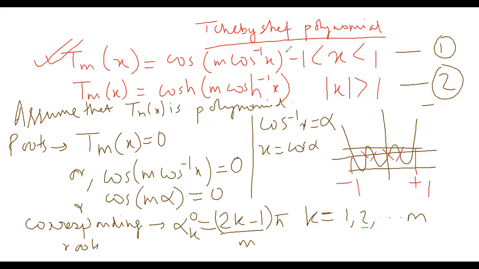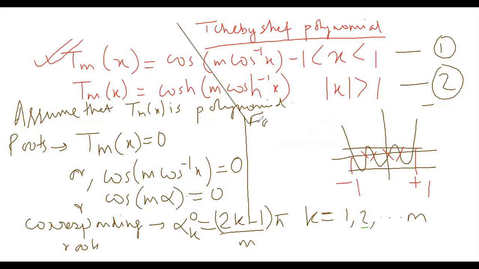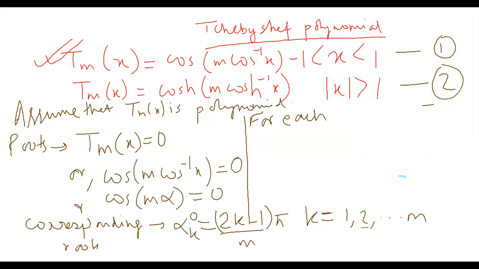So what I mean is, for each alpha not k, there will be x not k.